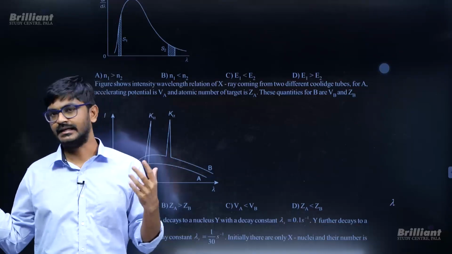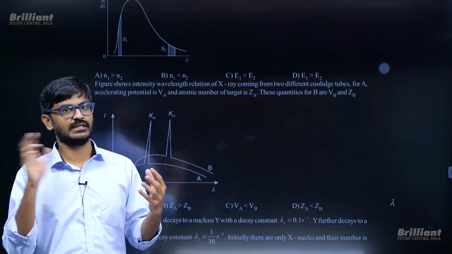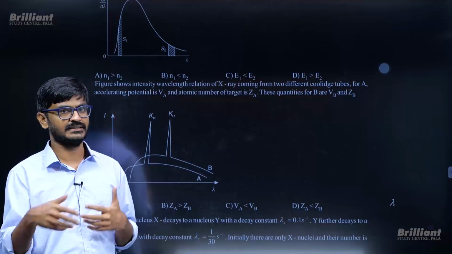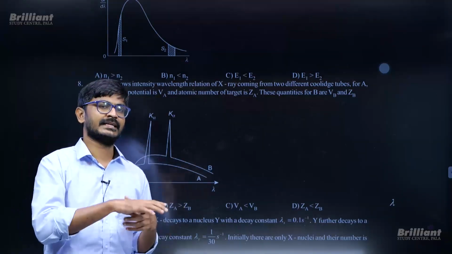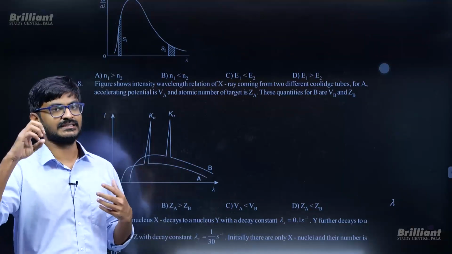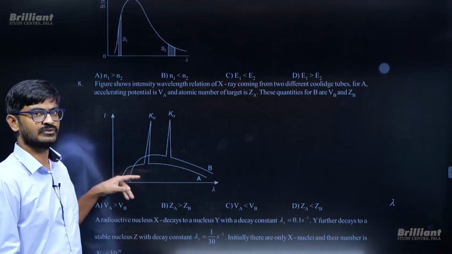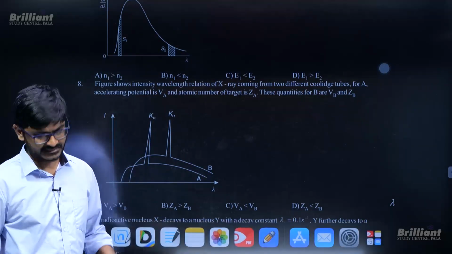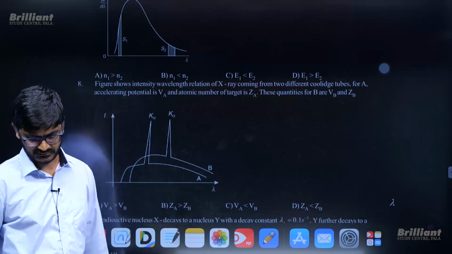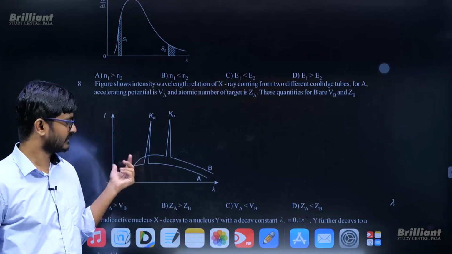You will be sending highly energetic electrons. Those electrons will lose some amount of energy and emit radiation. But if the electron loses its entire energy and emits radiation, that gives us the least wavelength. So the more the energy of the electron, the lesser the wavelength, right? Or I can say the total kinetic energy of the electron is converted to photon energy.